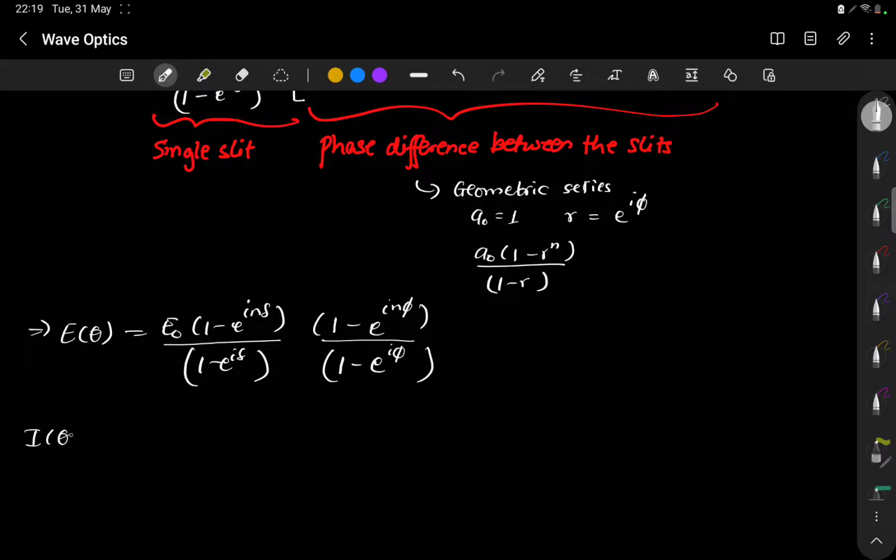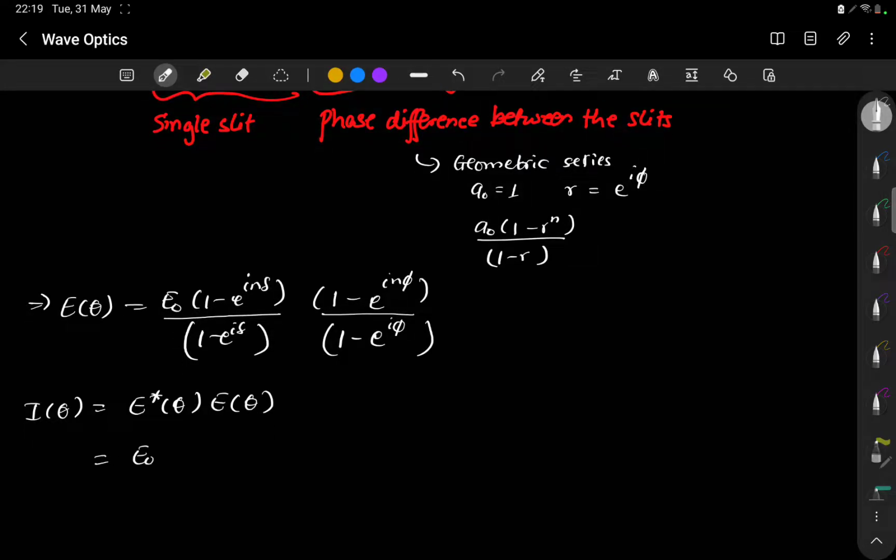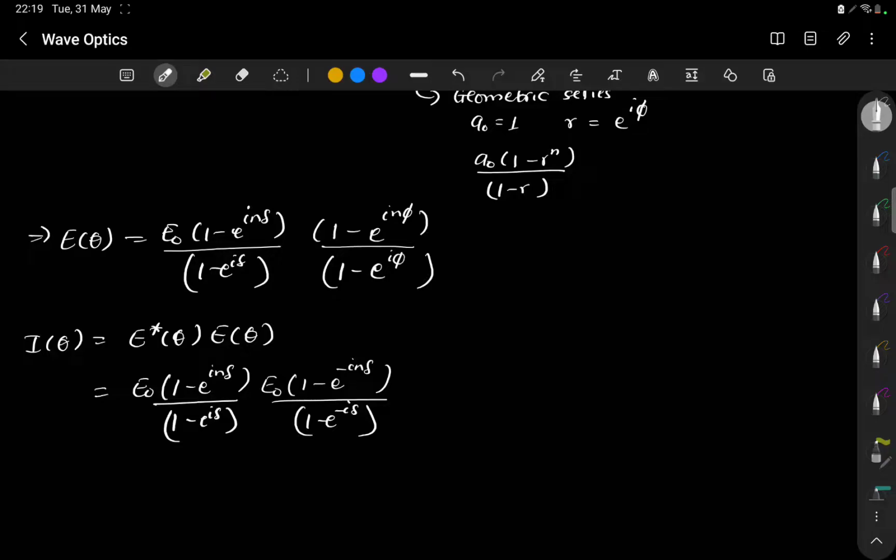Now intensity is mod squared of the electric field. So this right here will be, considering real amplitude for the field.